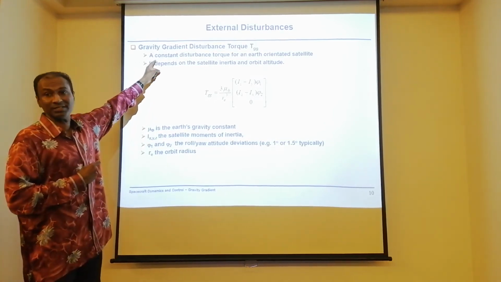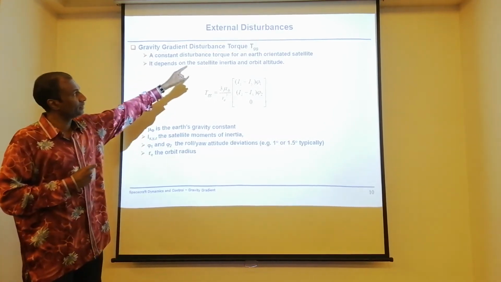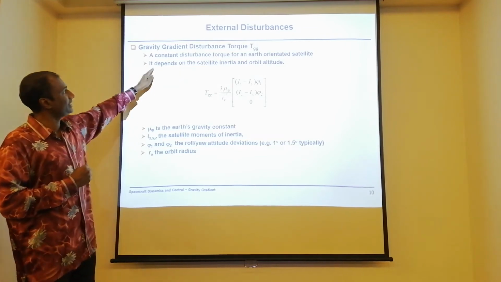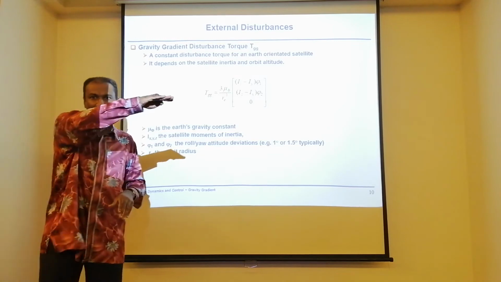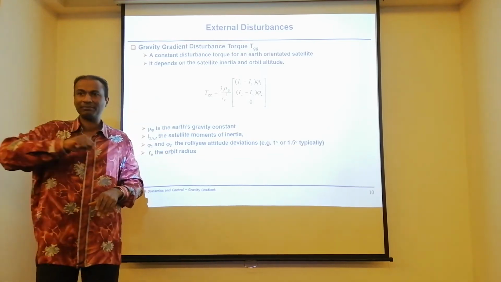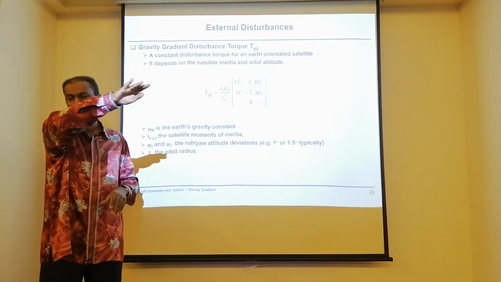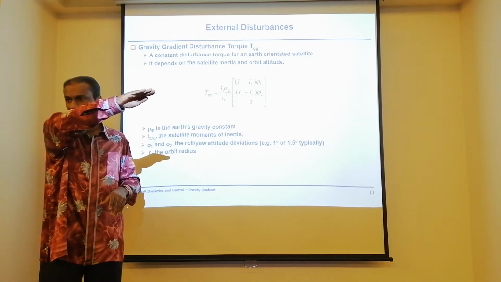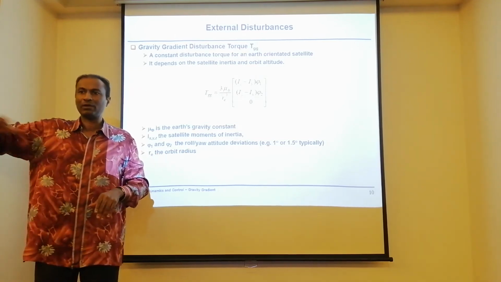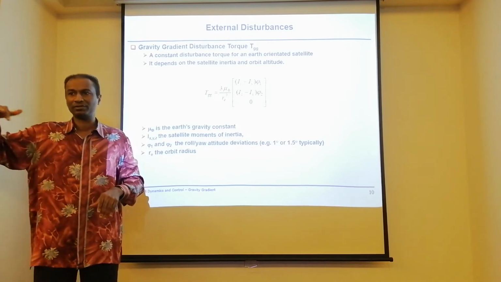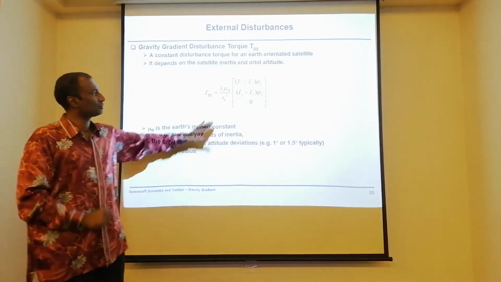For an Earth-oriented mission, it depends on the inertia and orbit. Constant means what? Like constant. Let's say the magnitude is 1 Newton meter. It will be 1 Newton meter throughout the life of the satellite. There won't be much oscillation. That's what it means. It's a constant.